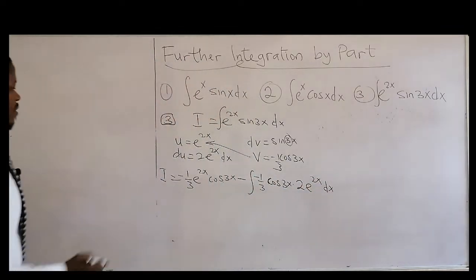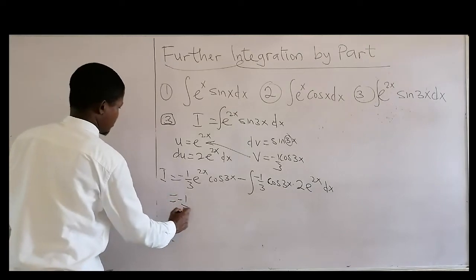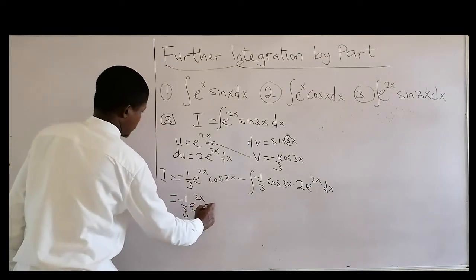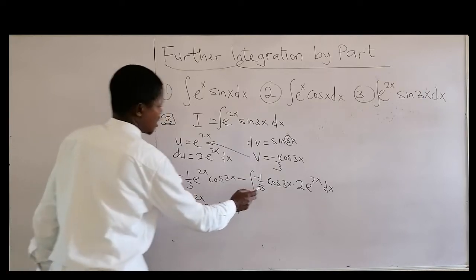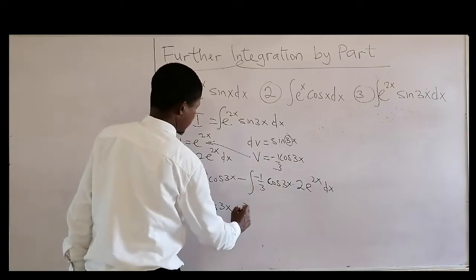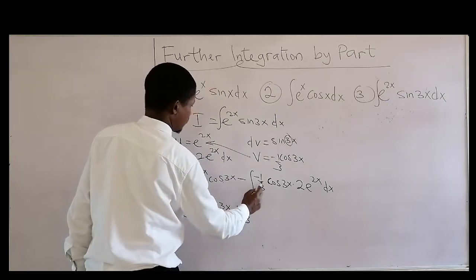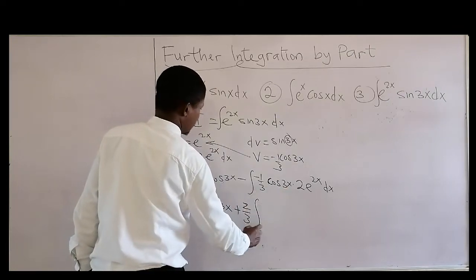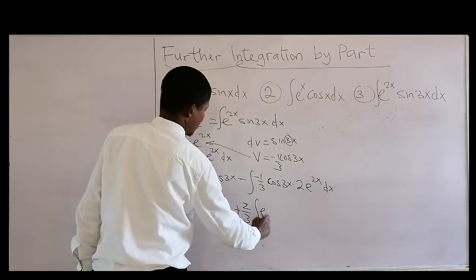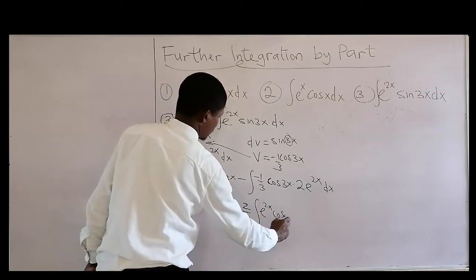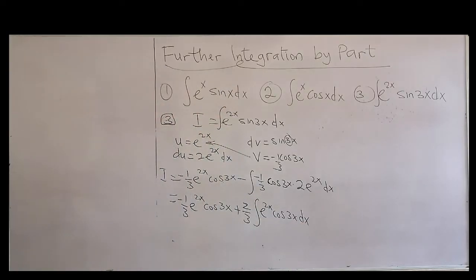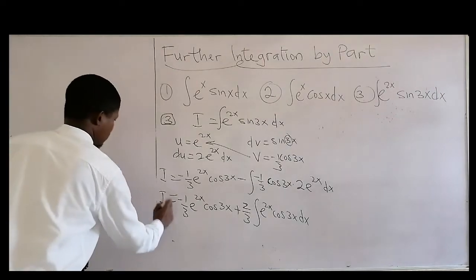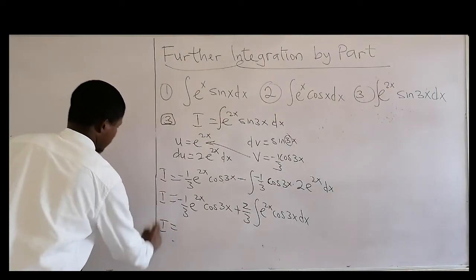So then we have minus 1 over 3 e^2x cos 3x, minus times minus, that's plus. This one will be 2 over 3, 2 over 3 will be outside, 1 over 3 times 2. Then integral of e^2x cos 3x dx. Okay, so then we have to repeat the process of integration.